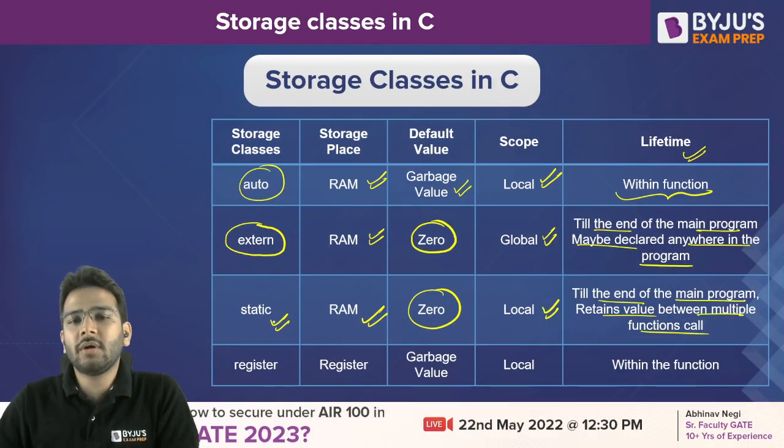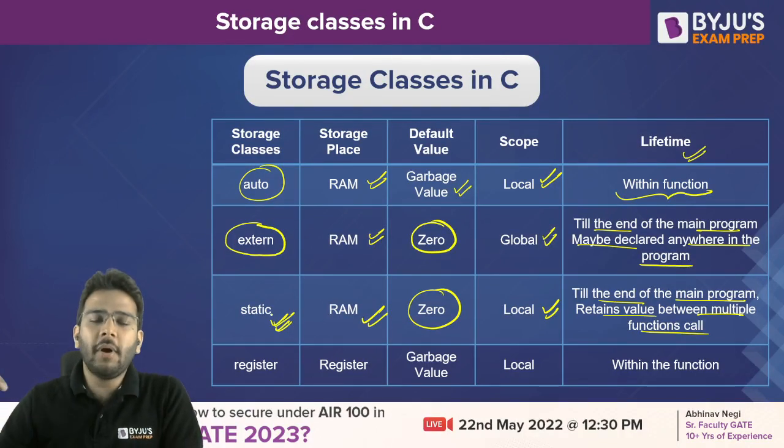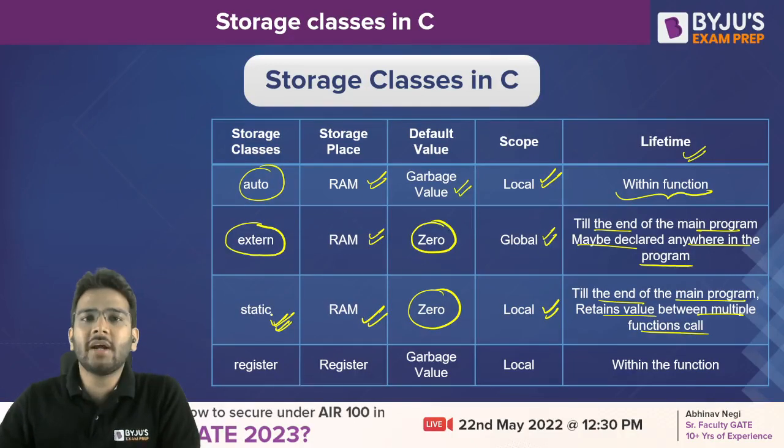So there is one important functionality of static variable. Let's say I'm writing static int i, and I'm initializing it with 10, right? If multiple functions are accessing that static variable, it is going to be initialized only once.